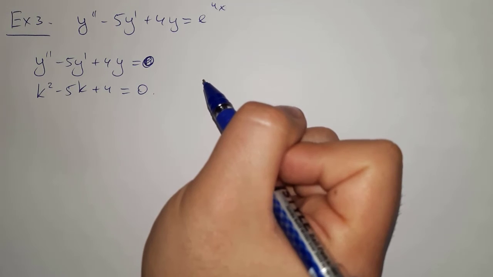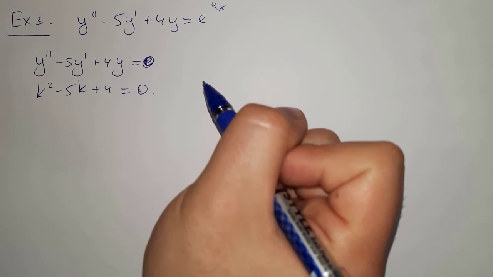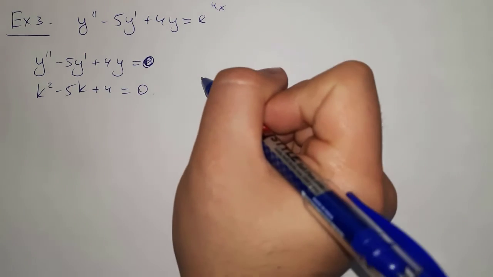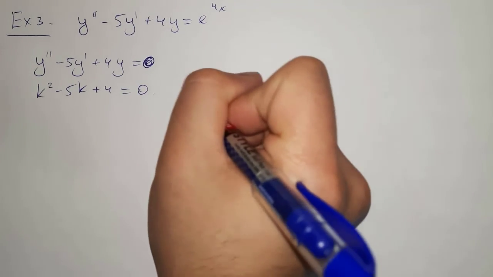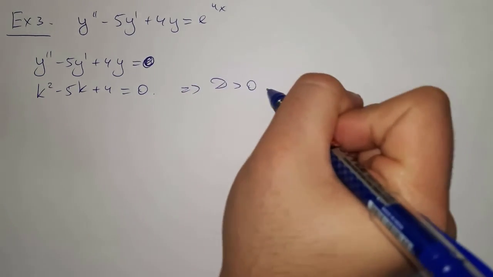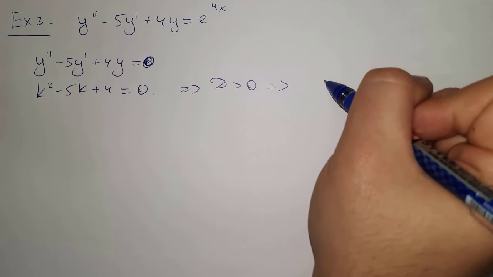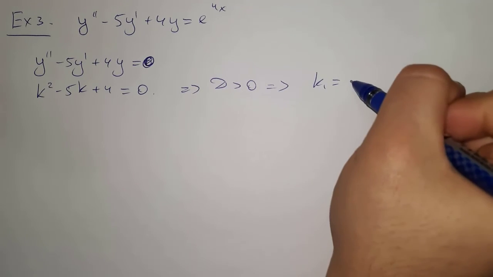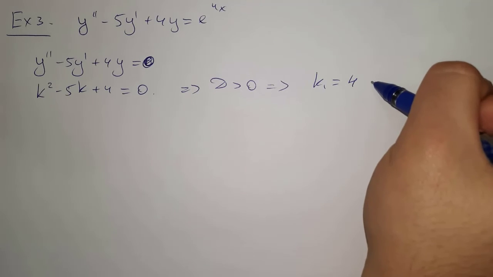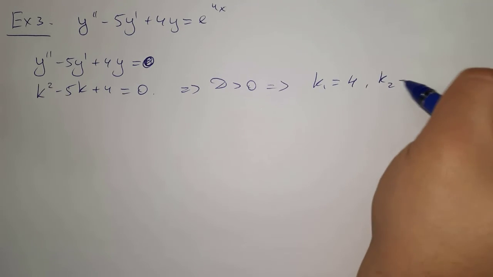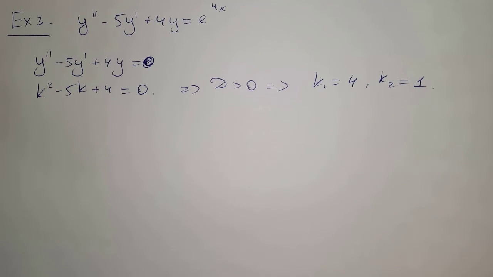So the discriminant of this equation is greater than 0. So it means we have two distinct real solutions here, and by Vieta's theorem, k1 is 4 and k2 is 1.